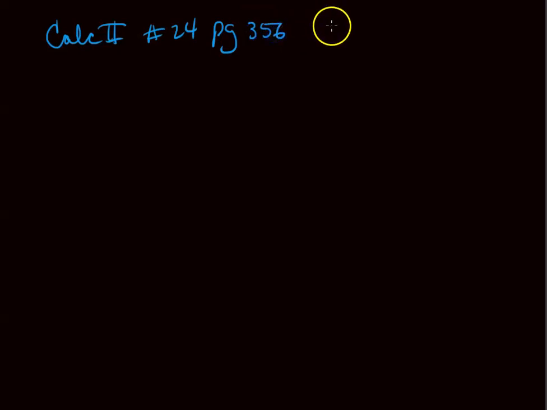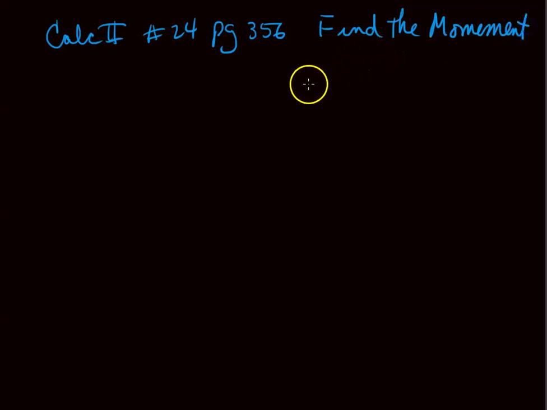We want to find, given constant density, the moment about the x-axis of a wire with constant density.